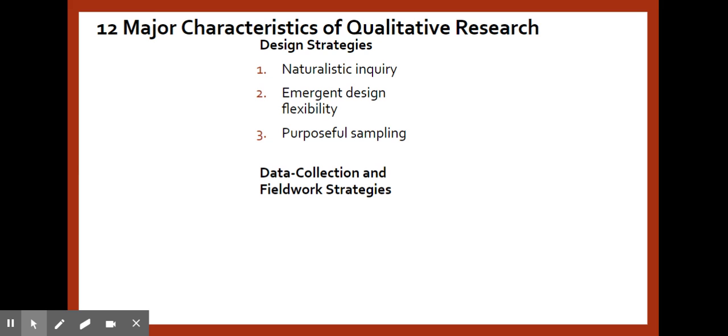So with that, we have several data collection strategies for fieldwork in qualitative research. And one of the big things is to think about what kind of data qualitative actually means. What does qualitative mean? Qualitative refers to qualities. So rather than counting things, you're referring to what kind of things you are looking at.